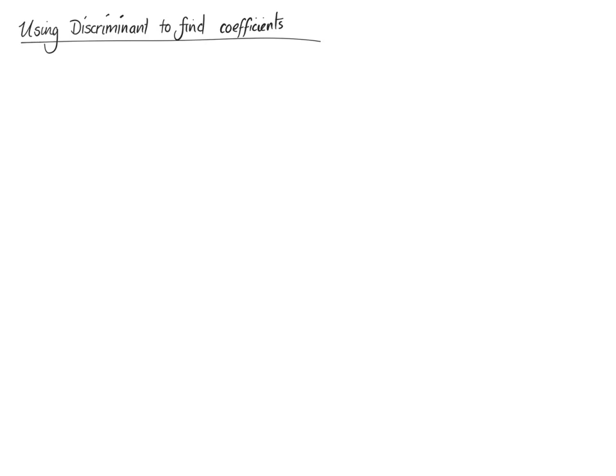So this is where we get given an equation with an unknown in it. So we have, this is an example. Okay, so we've got 3x squared plus kx plus 3 equals 0, has equal roots. What is the value of k?